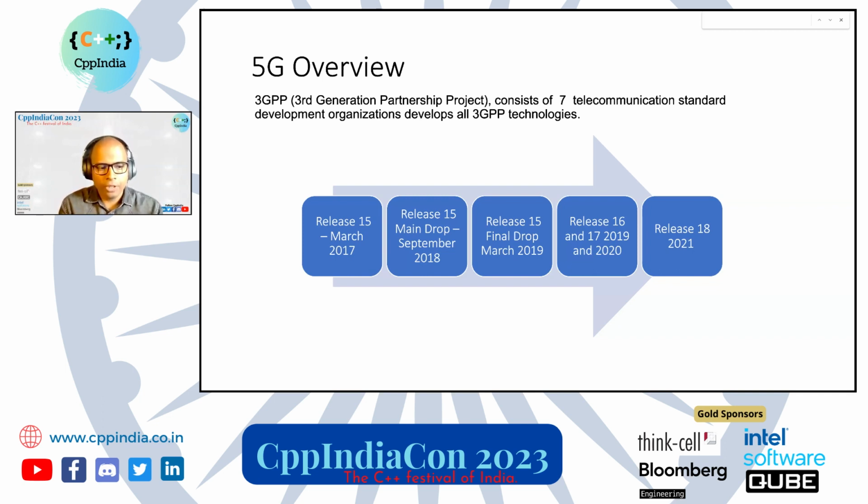Here, all the physical network protocols were finalized. September 2018 was a very good year for 5G. It was done in labs many years ago, but in a real scenario, real deployments started happening in 2018.